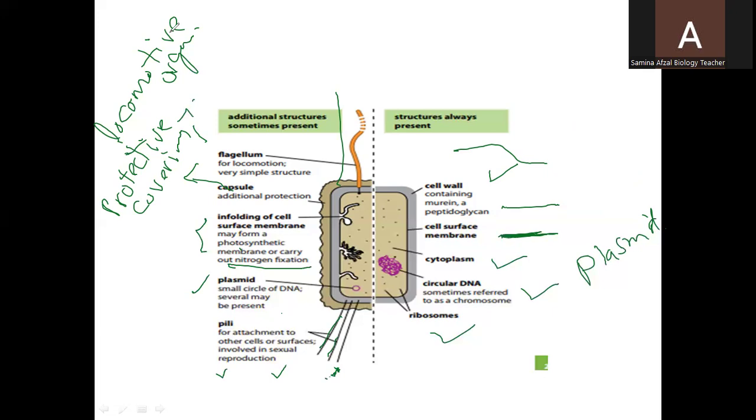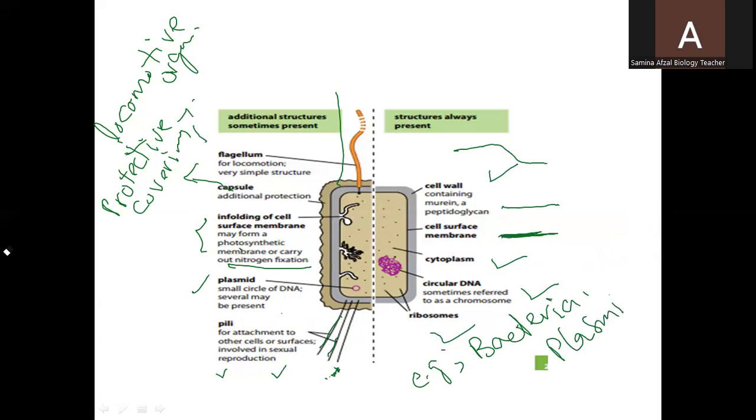And I already told you about the plasmid. Plasmids are present in bacteria. So I would like to write over here the example. They have plasmids, due to which the bacteria have very great importance in biology.